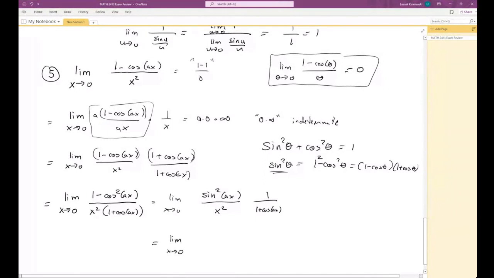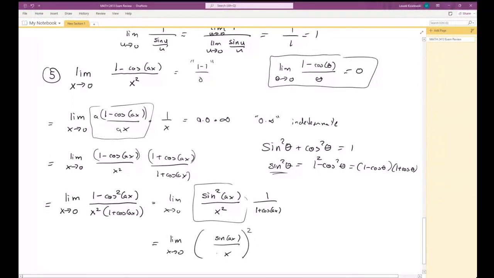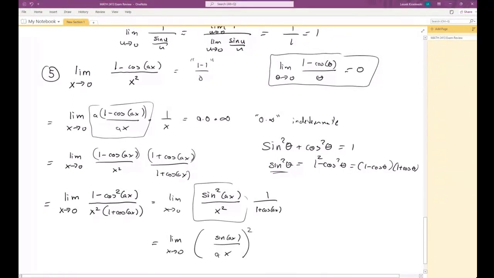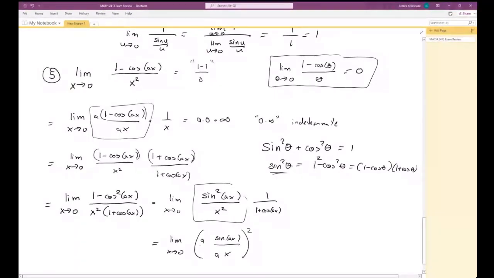Right, but to use our special trig limit over here, we can think of that as sine of ax divided by x, quantity squared, by properties of exponents. And then we want to introduce a in the denominator, and then of course introduce it out in the numerator.